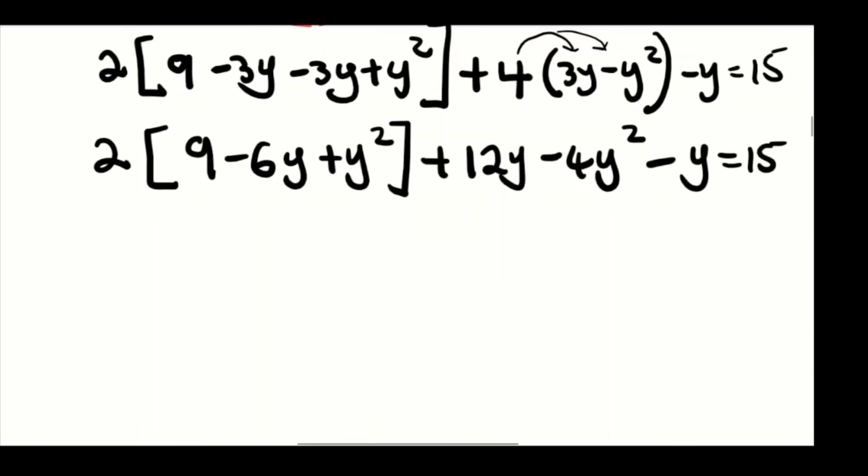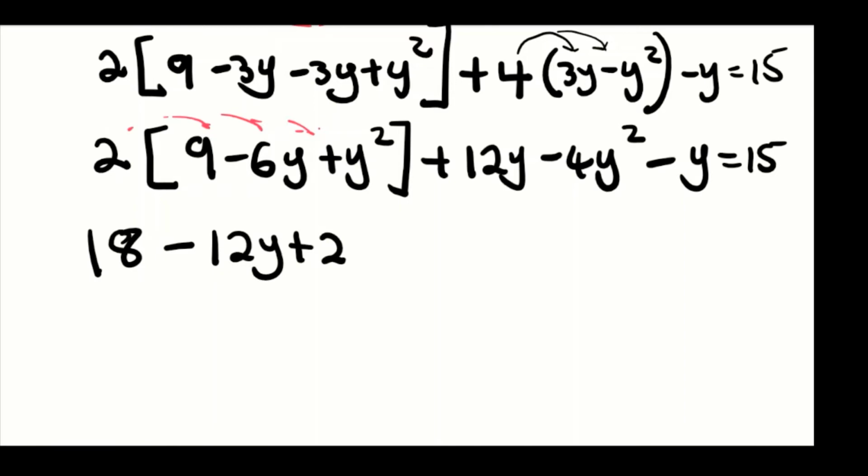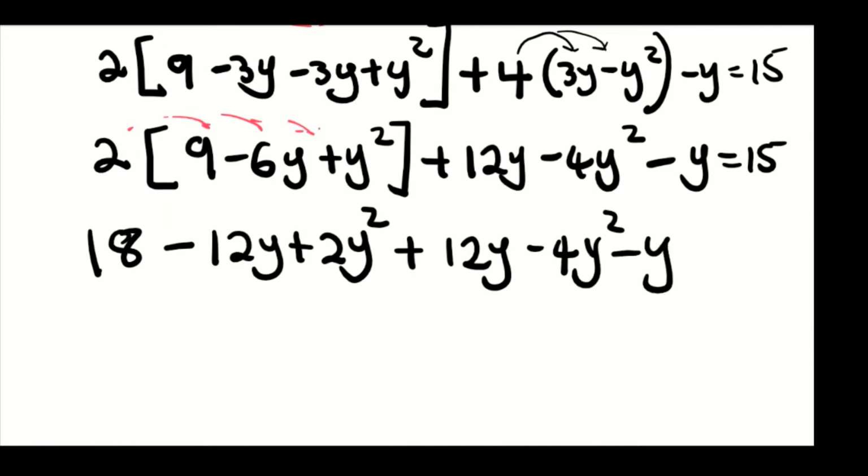Then the 2 will multiply everything inside the bracket, and we will have 18 minus 12y plus 2y squared plus 12y minus 4y squared minus y, and then let's take this 15 to the other side, so it's minus 15 equals 0. And then if you collect like terms, you'll see that this minus y will subtract this 12y.